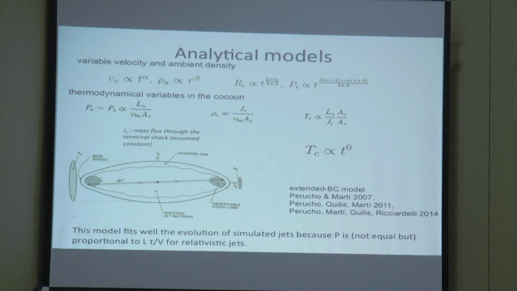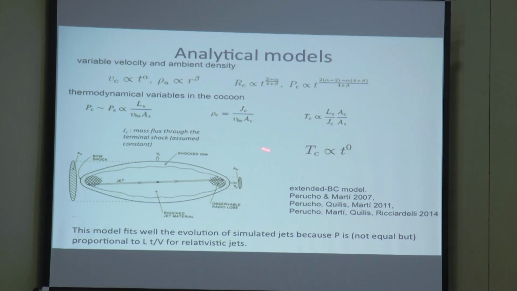And interestingly, if you develop this in the adiabatic case, so no strong radiative losses for the cocoon and the whole structure, you end up with a relation for the cocoon temperature, which is of course P over rho, and P and rho evolve in the same way, so you get that the temperature in the cocoon should be constant. The problem is measuring the temperature of a region that only emits non-thermally.